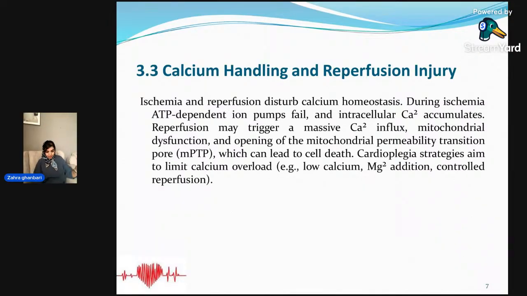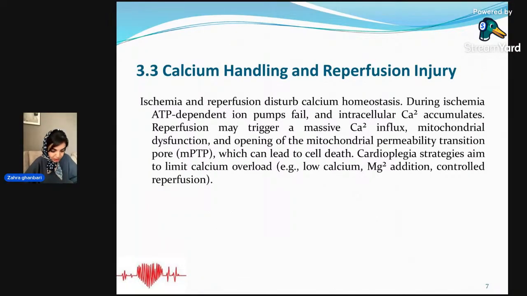During ischemia, ATP levels drop, impairing ion pumps such as sodium potassium ATPase and SERCA calcium pump. Sodium and hydrogen ions accumulate inside the cell, reversing the sodium calcium exchanger. As a result, calcium rushes into the cell, leading to intracellular calcium overload.